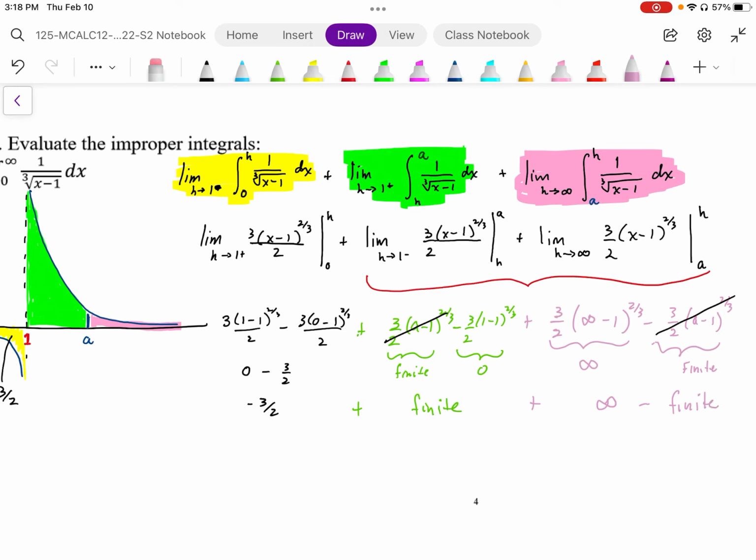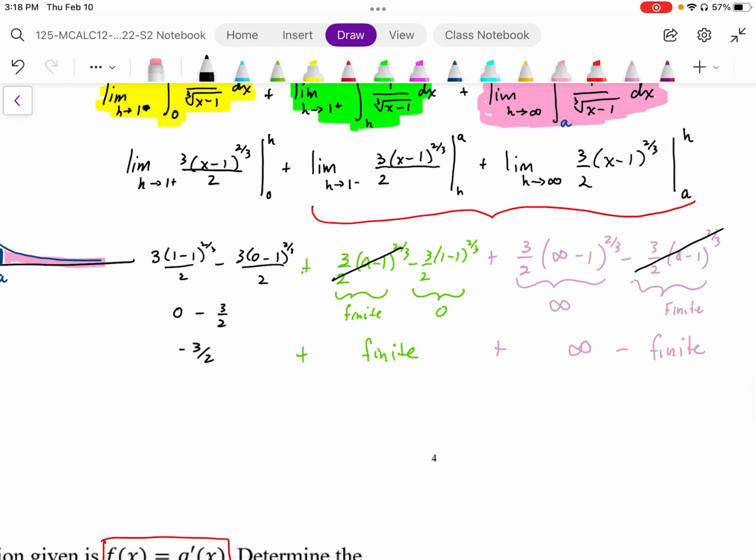So if we actually just ignored the A, we would end up with that area under the curve, the green and pink area, being infinite. Summarizing, the area is negative 3 over 2 plus infinity, so this area is infinite.